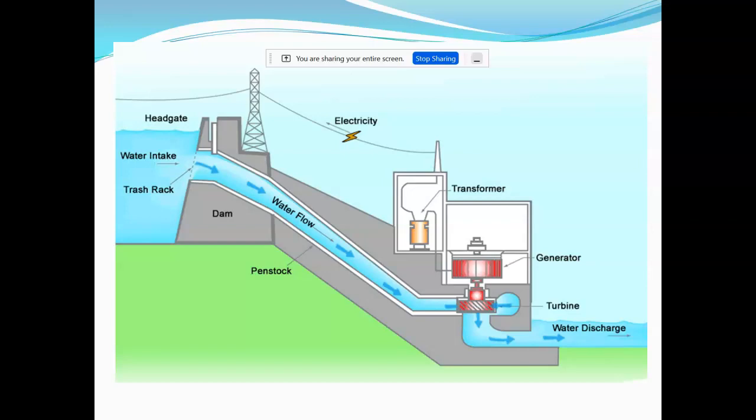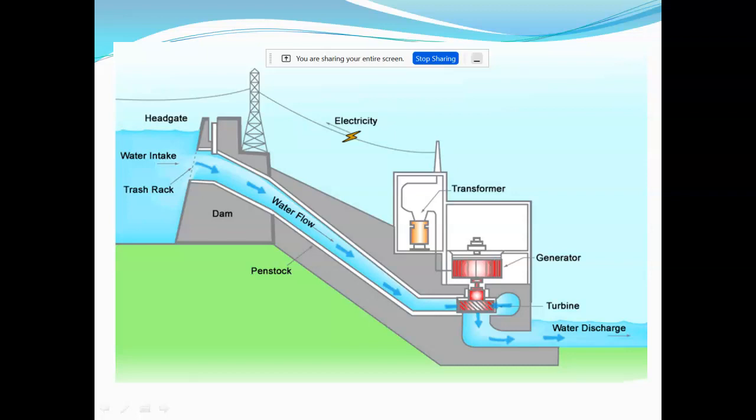Would somebody tell me any stage that you can identify from the diagram? Gideon, any stage that we talked about that you can identify from the diagram? Yes, Gideon. You have the transformer. You have the water source, the dam. Water source from the dam, as you can see my pointer.